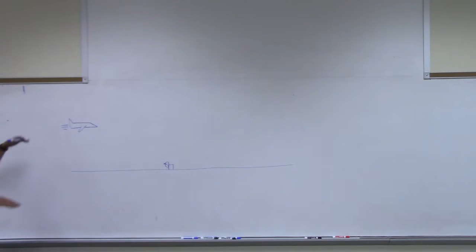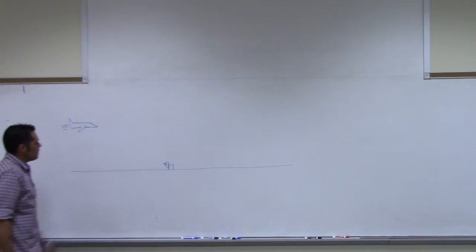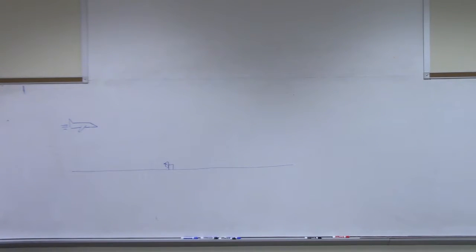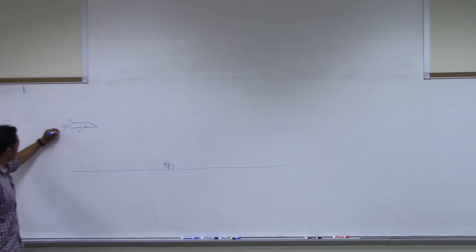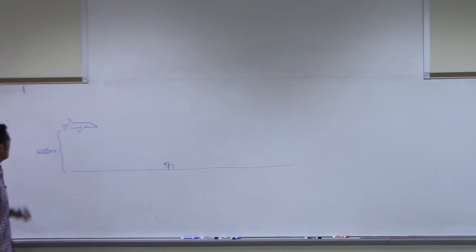And let's say that it is flying horizontal to the ground, at a constant altitude of, let's say, 6,000 feet. And as it flies in this direction, this radar station is tracking it, all right?